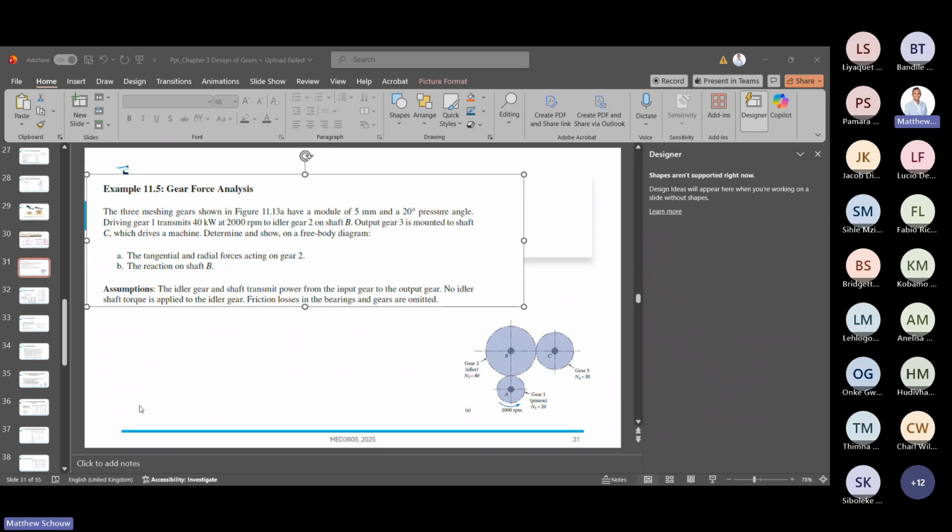So the first thing you want to possibly do here, guys: the direction of this one is clockwise. What's the direction of the idler, gear number 2? Clockwise, right? So it means going this way.